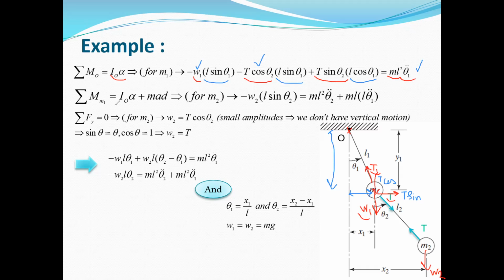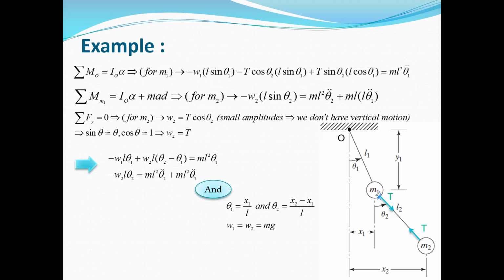The second equation can be obtained from the moment equation about mass M1. We are writing for mass M2, but the moment about mass M1.